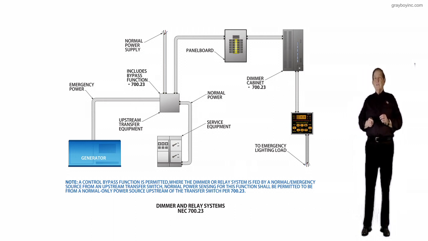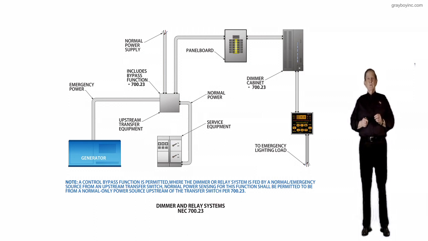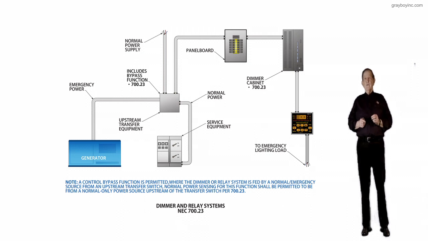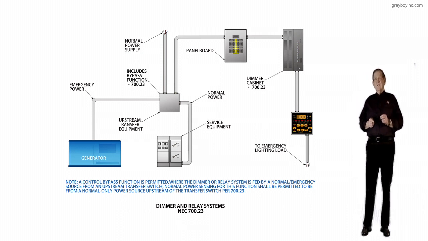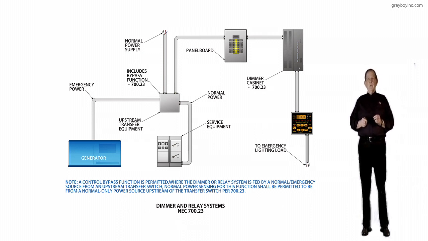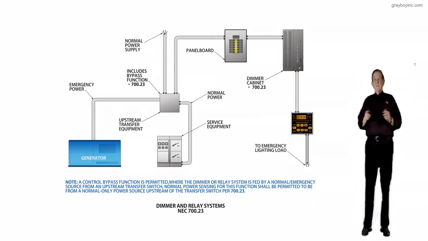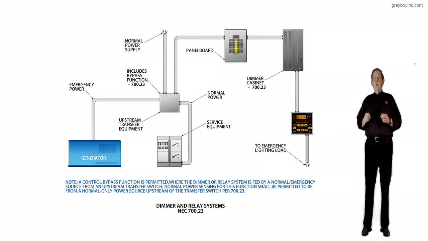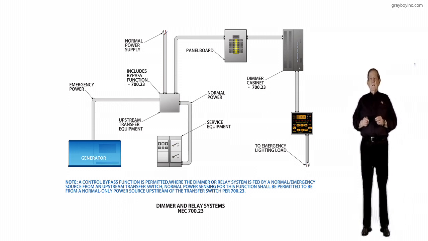Normal power sensing for this function shall be permitted to be from a normal only power source upstream of the transfer switch as outlined in 700.23. Now this is the change that took place in this revision. But at this point, I'd like to reference some of the call-out information.